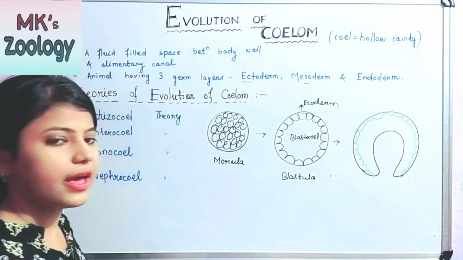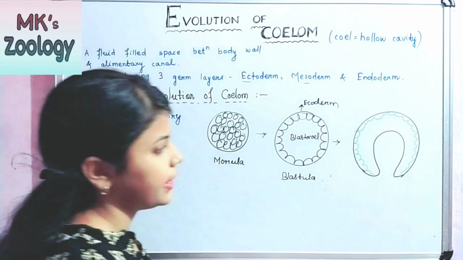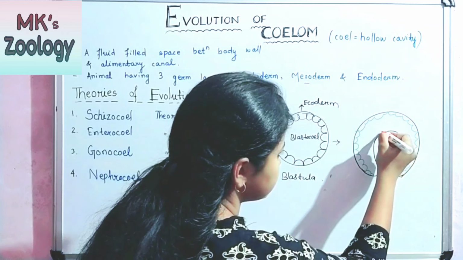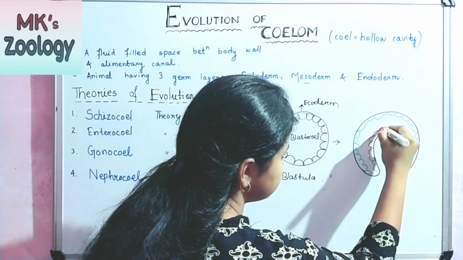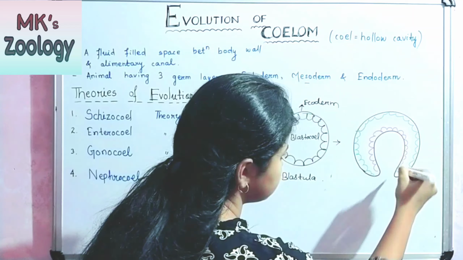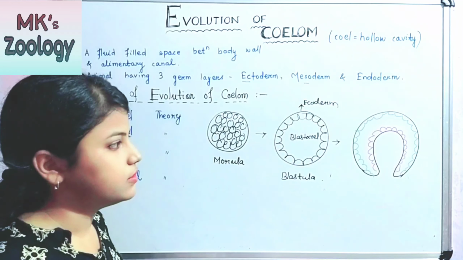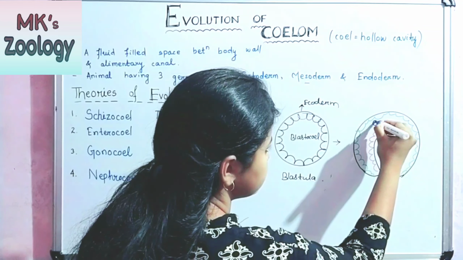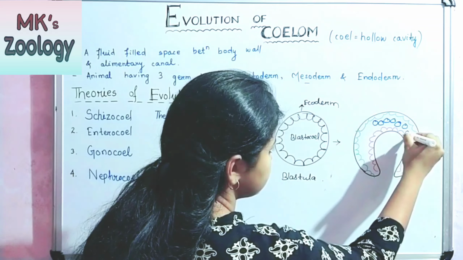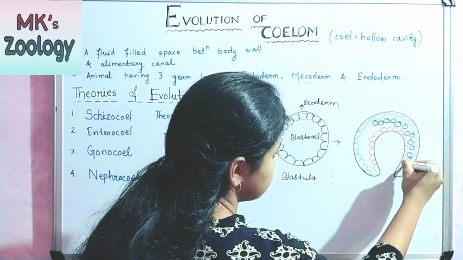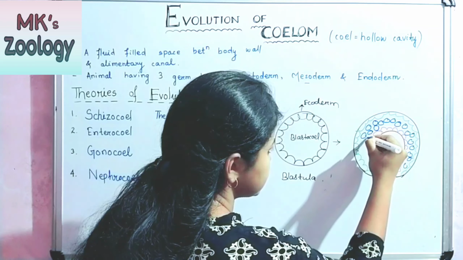These are the ectoderm, and this is your endoderm, and here in the middle mesodermal cells are present.